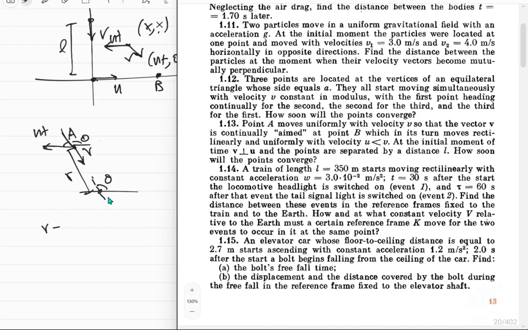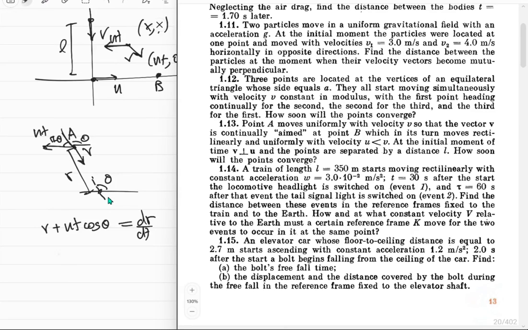This is just going to be pi minus theta. Cosine of pi minus theta is negative cosine of theta. So v minus ut times negative cosine theta, so v plus ut cosine theta. That is dr upon dt.